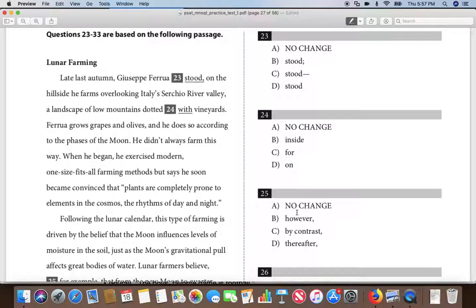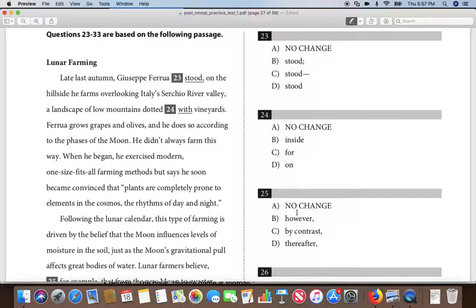What do you think about A, no change? You can reread it if you need to. I don't think it's right. Yeah, what's wrong with it? Read it again. The comma doesn't seem like it should be there.